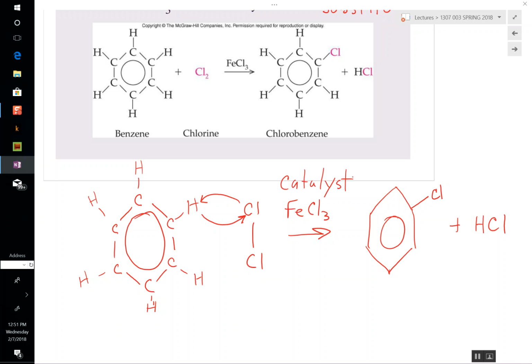So you could halogenate toluene or xylene in similar fashion. All right, so there it is written out as a chemical reaction. Benzene plus Cl2 forms chlorobenzene plus HCl.